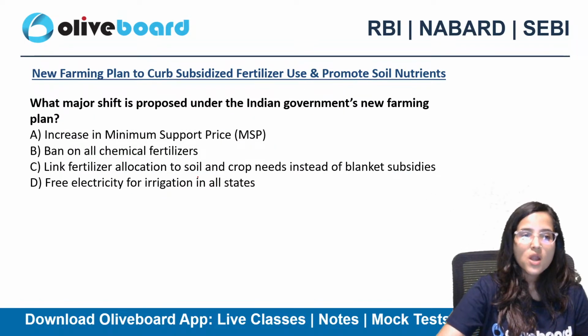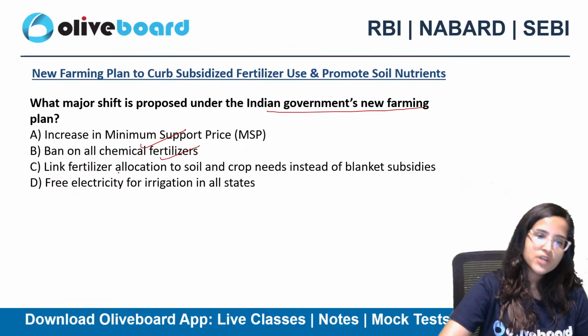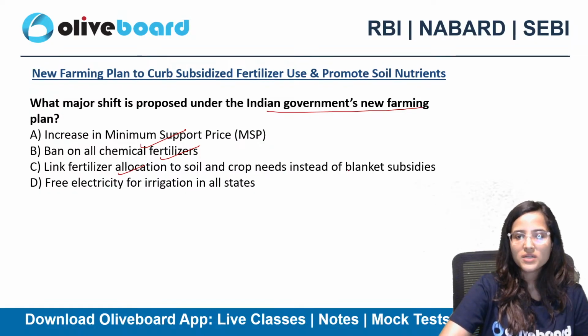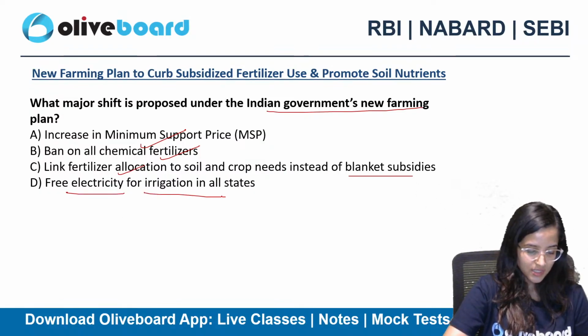Okay? So what major shift is proposed under the Indian government's new farming plan? Increase in MSP, ban on all chemical fertilizers, link fertilizer allocation to soil and crop needs instead of blanket subsidies, free electricity for irrigation in all states. What is the answer?